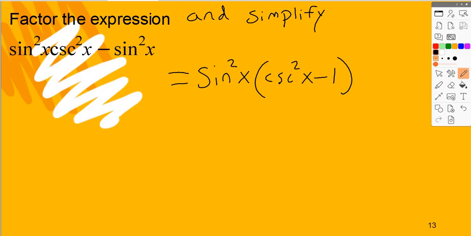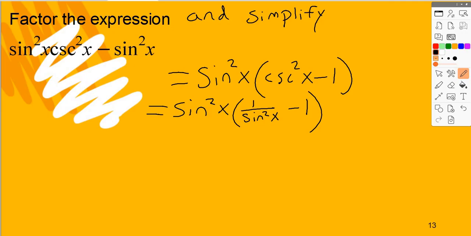Maybe reciprocal. Okay, we can do a reciprocal. So we said that cosecant is the reciprocal of sine, yes? So this would be 1 over sine squared of x. Yes? Fine.